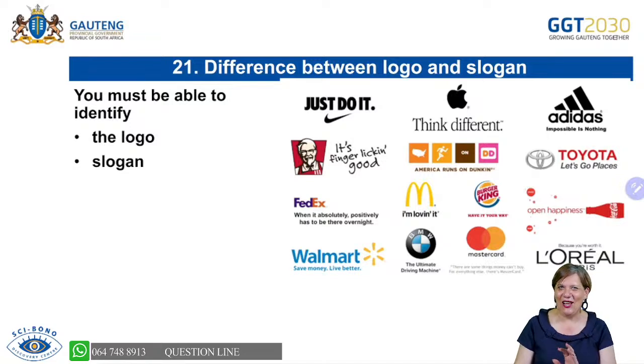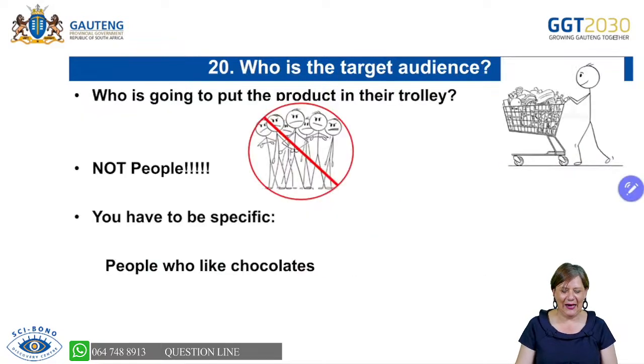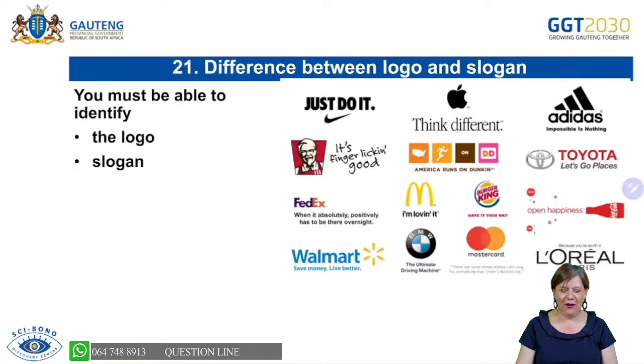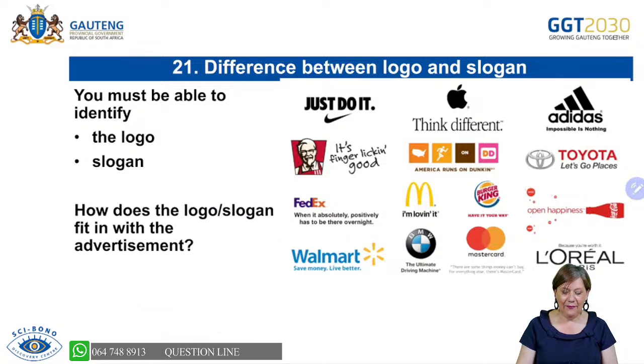Now, logos and slogans. I'm sure you know them by now. But just to remind you, there are quite a number of them. Now, obviously, we're just not going to ask you just to identify the logo and the slogan. That's really too easy. Let's level it up a little bit. We might ask you in the exam, how does this logo or the slogan fit in with the advertisement?